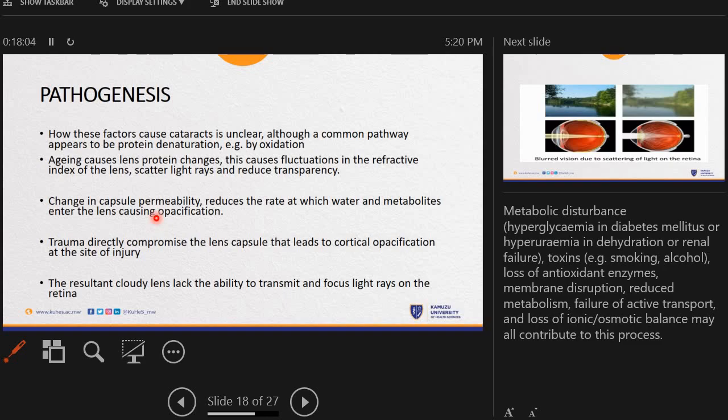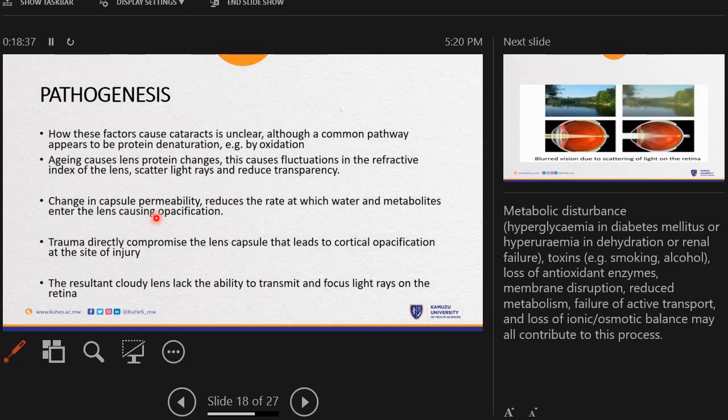The pathogenesis would depend on the cause, because I think I've already explained a little bit of the pathogenesis in the previous slides. How some of those different factors act is not very clear, although a common pathway appears to be protein denaturation, for example, by oxidation.